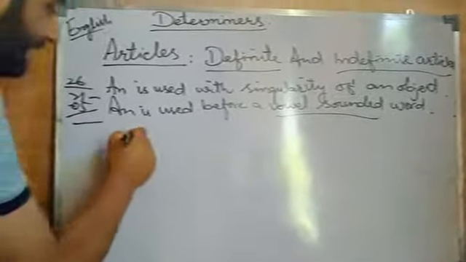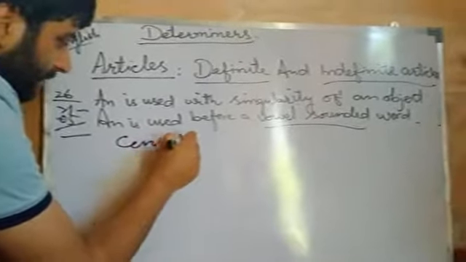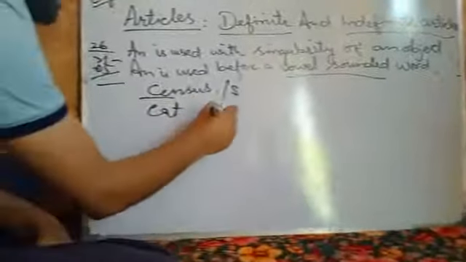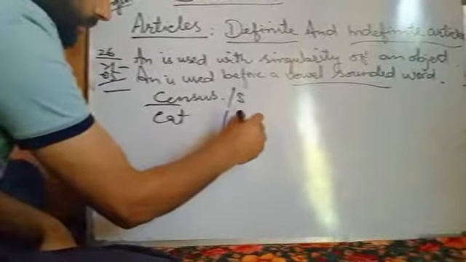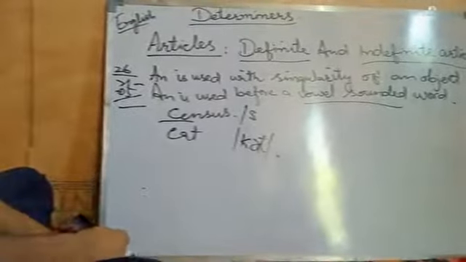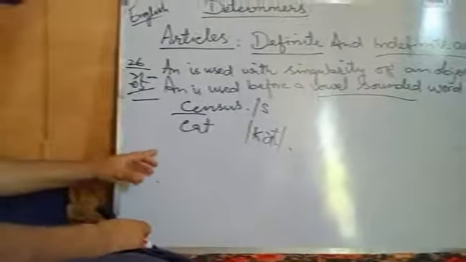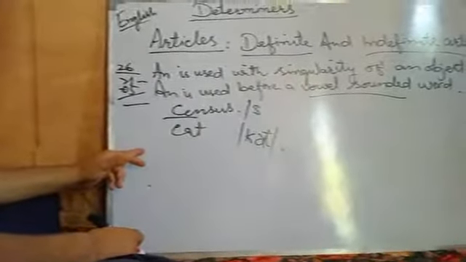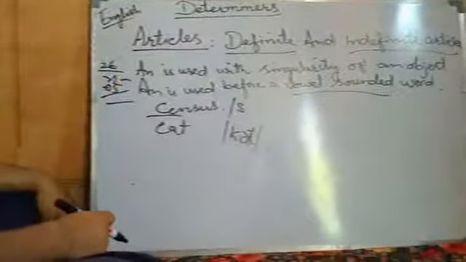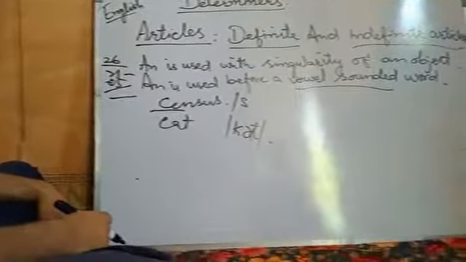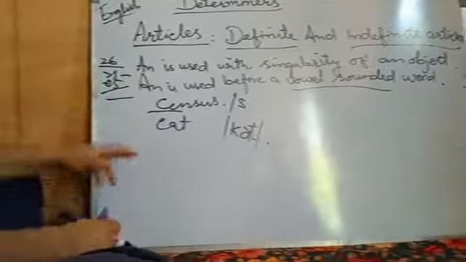For example, in census, C gives the sound of S. In cat, it gives the sound of K. We need to know these sounds, so it will help us to use these articles properly, especially the indefinite articles. It's a vast topic.